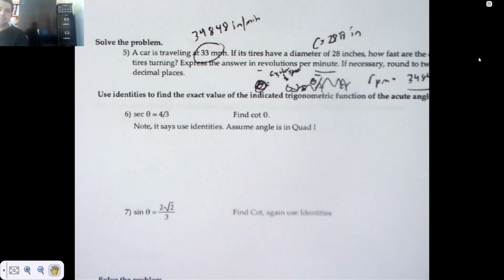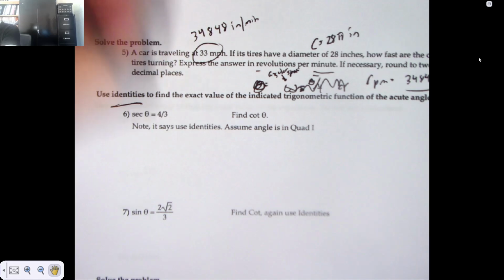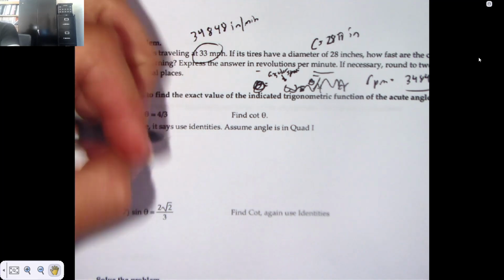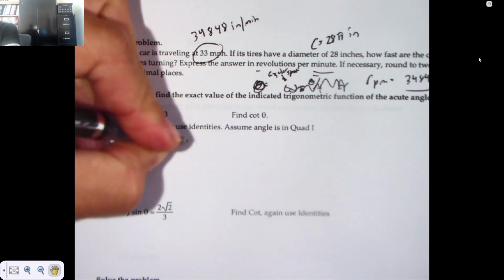Number 6. The secant is 4 over 3. Find the cotangent, and it mentions using identities. See, it says use identities. All right, so I need to be thinking about some things here that might relate secant and cotangent. Let's see here. I'm going to start with sine squared plus cosine squared is 1.